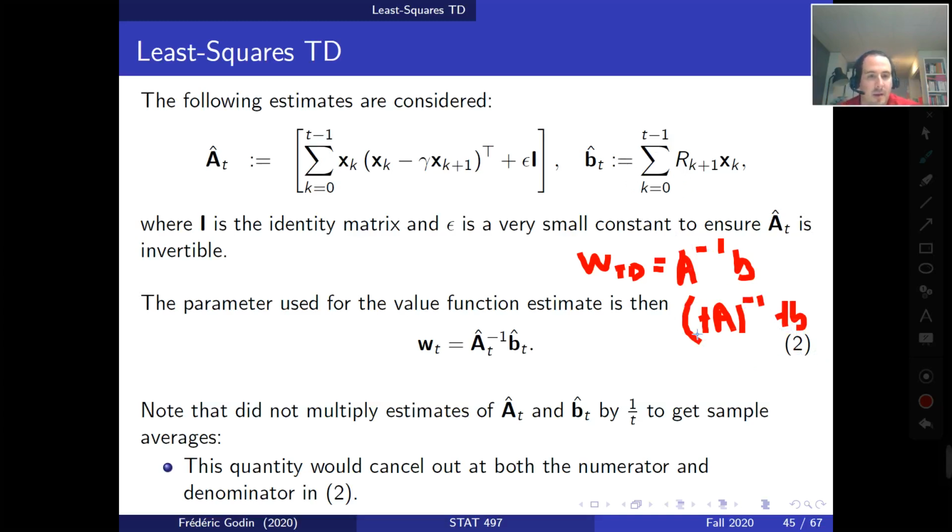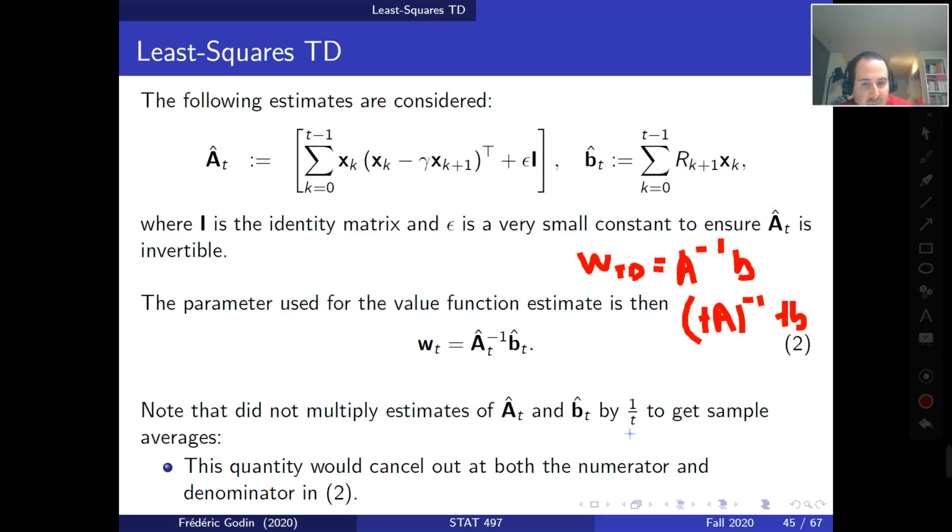So here, for the least squares TD method, the time t estimate of our parameters is simply the inverse of the estimate of A given by this formula times the estimate of B given by this formula.